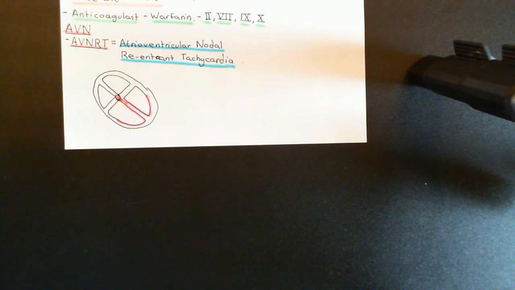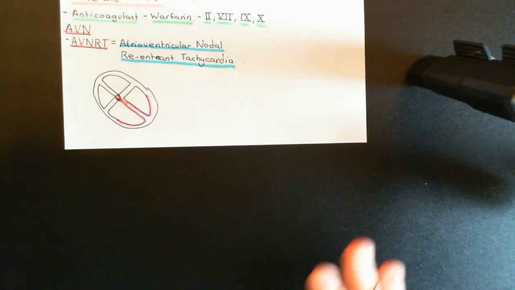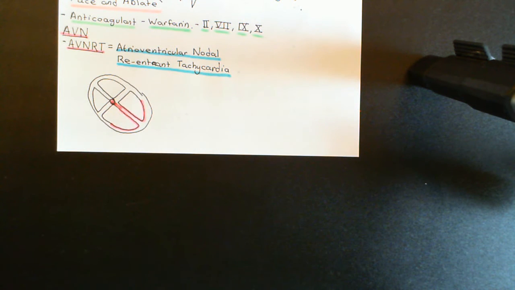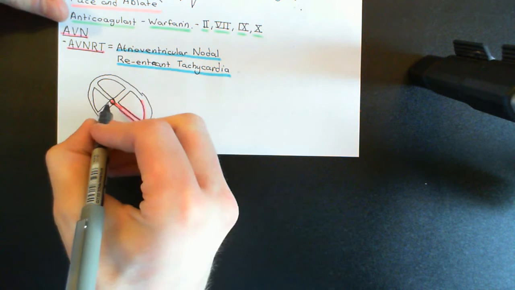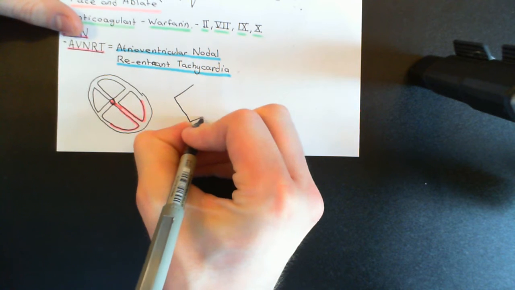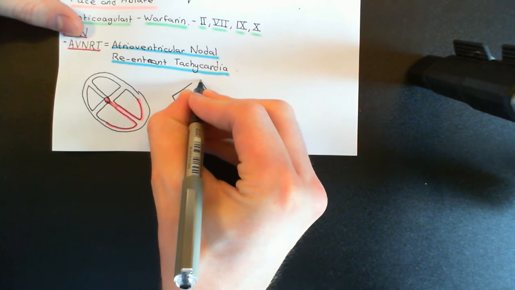Right, so now what I want to do is zoom in on the atrioventricular node, and actually show a reentrant loop in the atrioventricular node. So something has gone wrong with the atrioventricular node. This atrioventricular nodal reentrant tachycardia is going to arise because of some pathology occurring in the atrioventricular node that results in a reentrant loop arising. So let's zoom now in on the atrioventricular node. So let's have the atrioventricular node shown here.